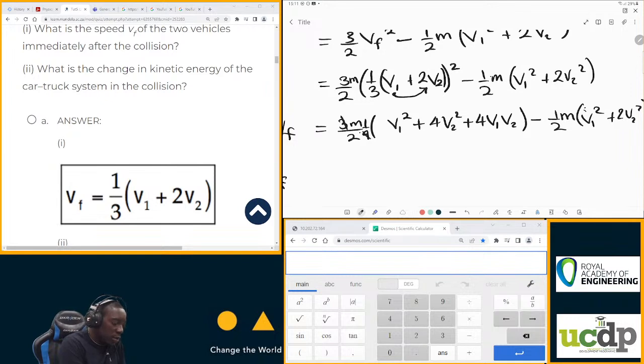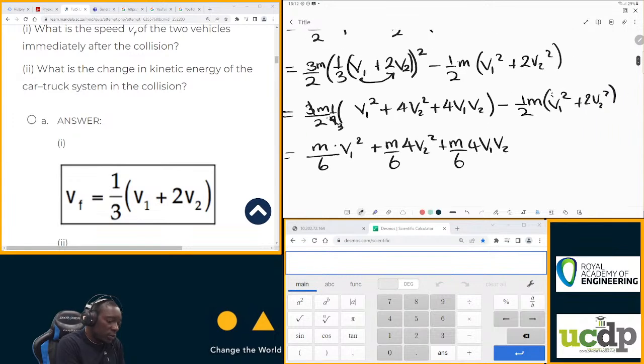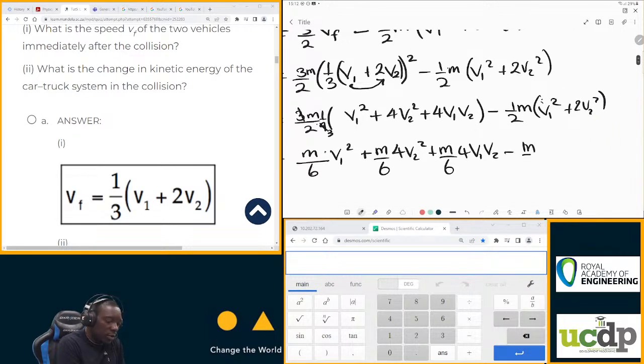So simplifying this, we've got 3 there. This is m over 6 V1 squared plus m over 6 times 4 V2 squared plus m over 6 times 4 V1 V2, minus m over 2 V1 squared minus 2m over 2 V2 squared.